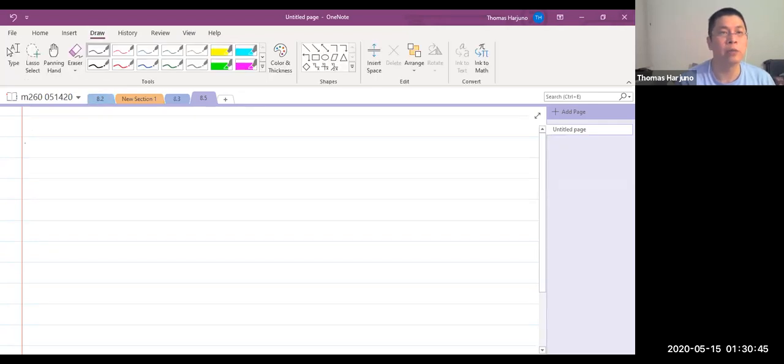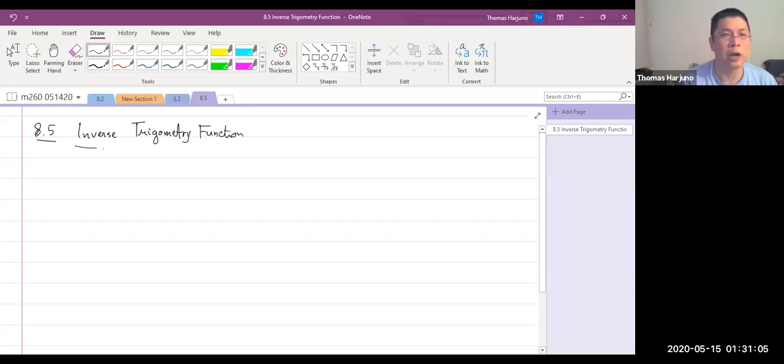After all, in my opinion, they're supposed to do 8.5 first, which is inverse trigonometric functions. Even though I know I cannot finish this in full, at least I can do more useful material in this half an hour.